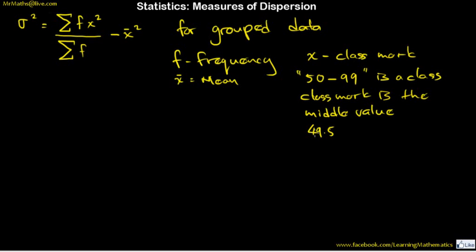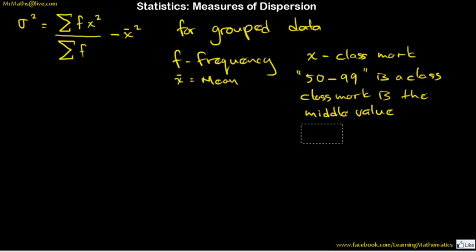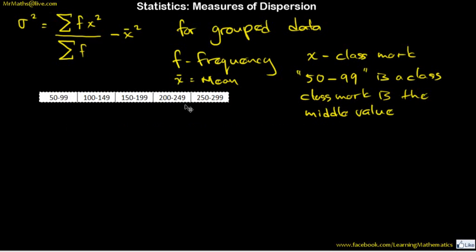I shall explain a little bit further because it's a little bit difficult to understand. Let me pick a different one. Let's take a look at all the classes available in this example. Take this class, for example, 100 to 149, and let's determine the class mark for that.